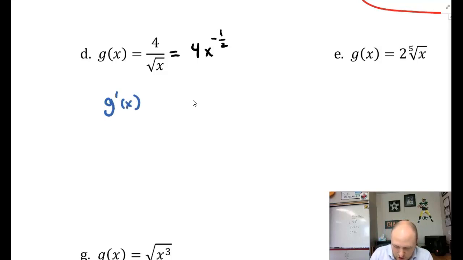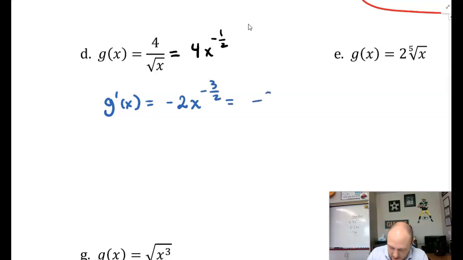I'll multiply 4 times negative 1/2, which would be a negative 2x. And then I'm going to subtract 1 from the 1/2. And that would have given us a negative 3/2. Okay.